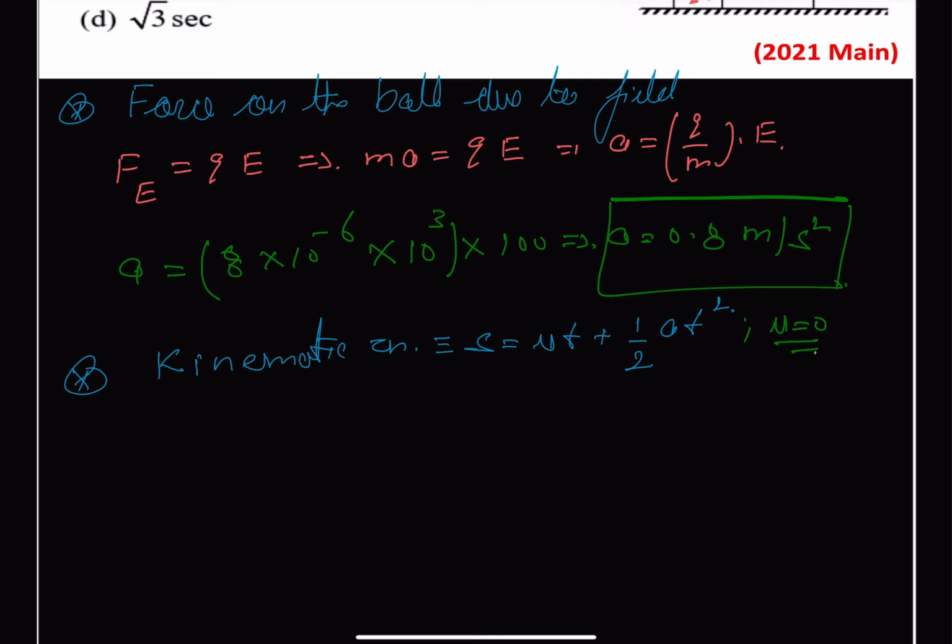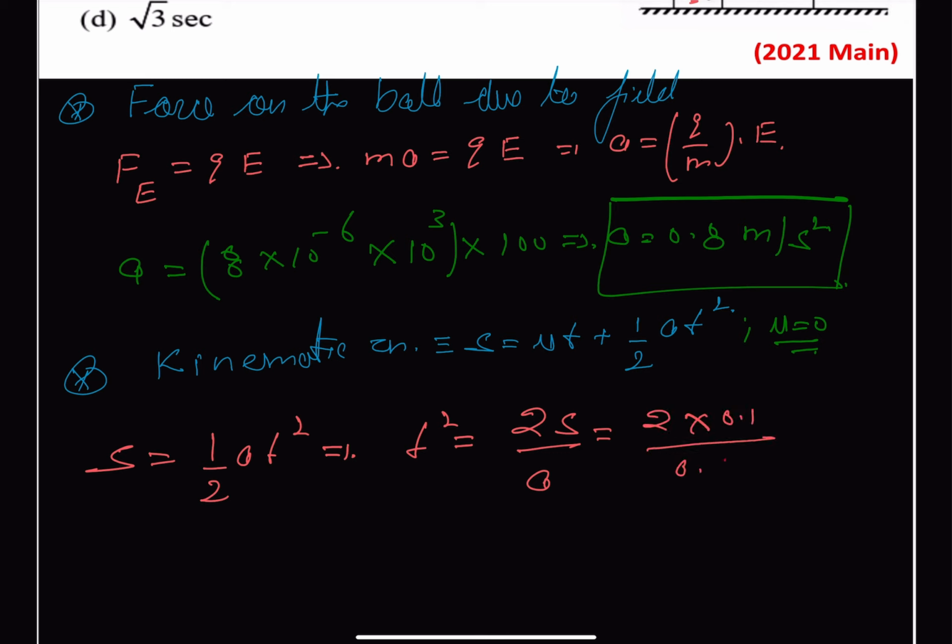So S equals half a t square, and from here t square is equal to 2S divided by a. So this comes as 2 multiplied by 0.1 divided by 0.8, which gives us 0.25.